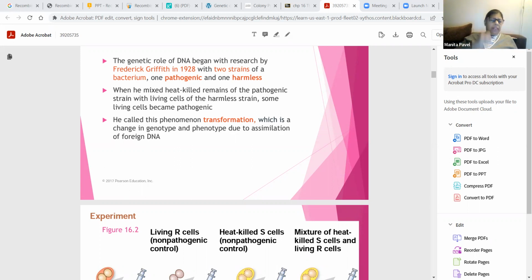And so now we are seeing DNA transformation, which is the process of taking a foreign DNA and introducing it into a cell. And transformation of the bacteria and the plasmids, which is a circular piece of DNA, is going to be used in biotechnology.